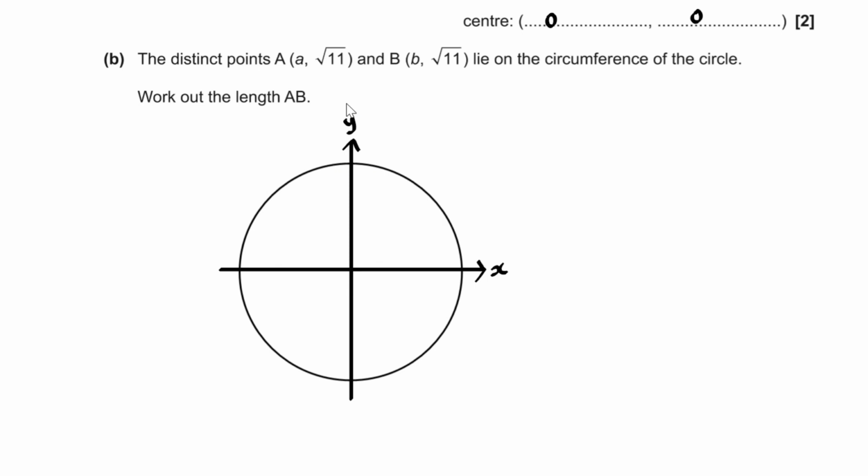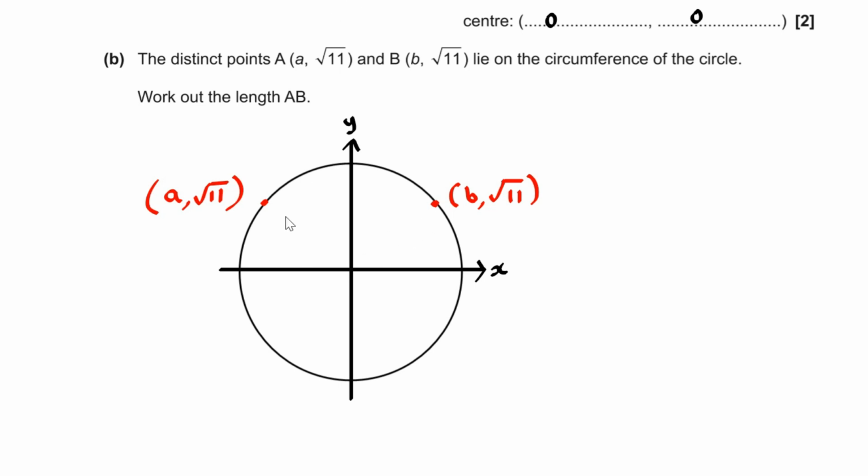Somewhere here and here we'd have the same y coordinate. We've got different x coordinates, however. So here we've got b, root 11. Now there's nothing stopping us putting b on the other side. We could do that if we want. But there you go. We have to work out the length AB.